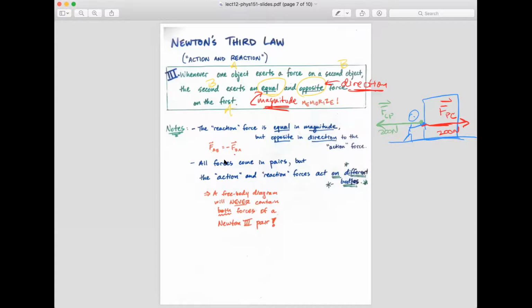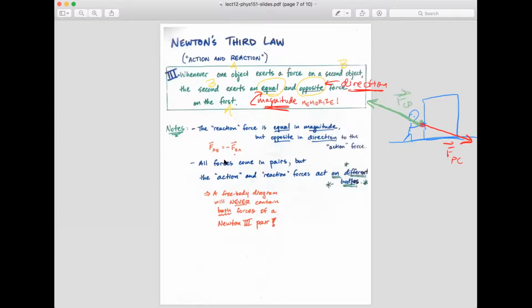What that means is if the person were to push at a slightly downward angle, say an angle of 20 degrees below the horizontal, then the crate will push back on the person's hands at an angle that is 20 degrees above the horizontal.